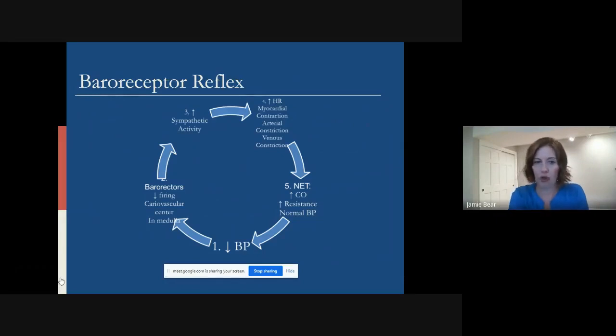So let's look at number 1 here in this little cycle. So due to vomiting and diarrhea, our blood pressure drops. Because of that, there's less firing in our cardiovascular center, in our brainstem, in the medulla. Therefore, our body says, hey, let's increase our sympathetic activity.